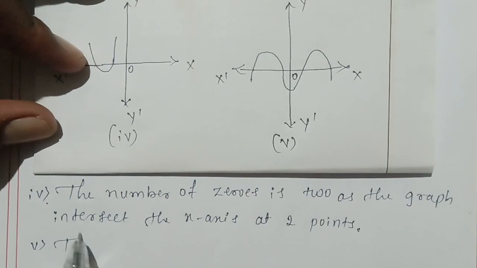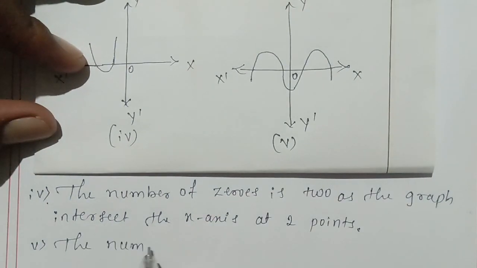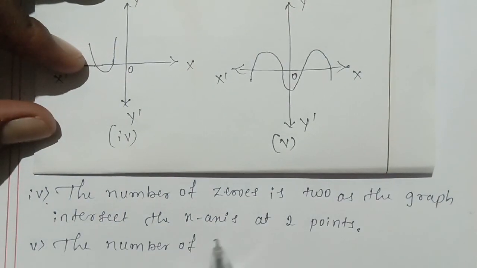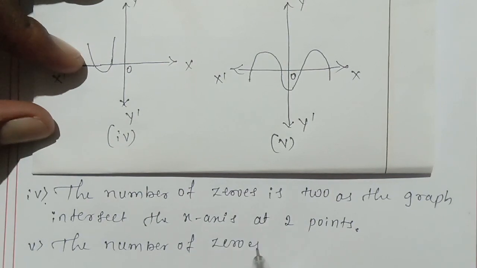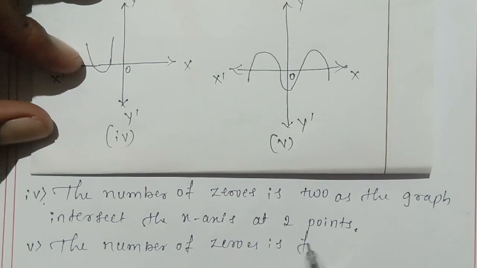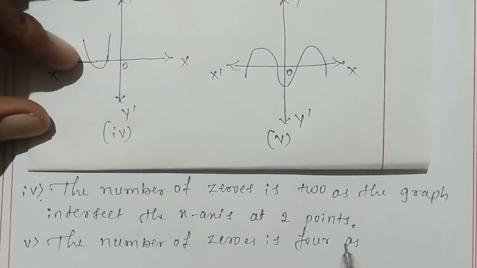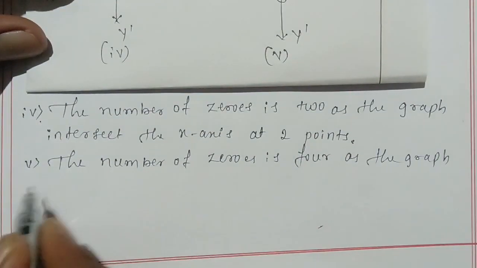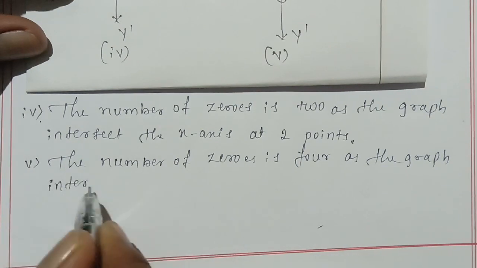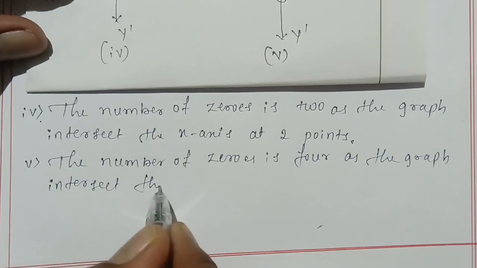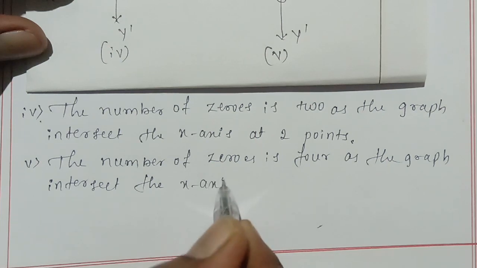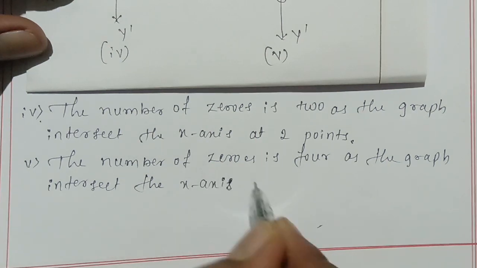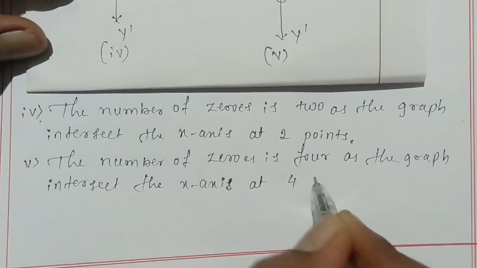You can write here: the number of zeros is 4 as the graph intersects the x-axis at 4 points.